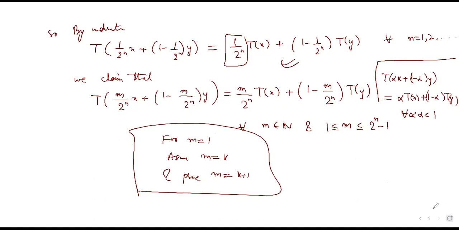Now, if you take these numbers m/2^n, where n is of course a natural number and m can go from 1 up to 2^n − 1, then this set is dense in [0,1]. The main idea I have already given.